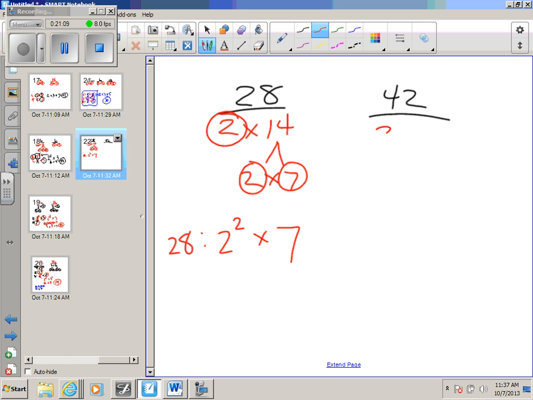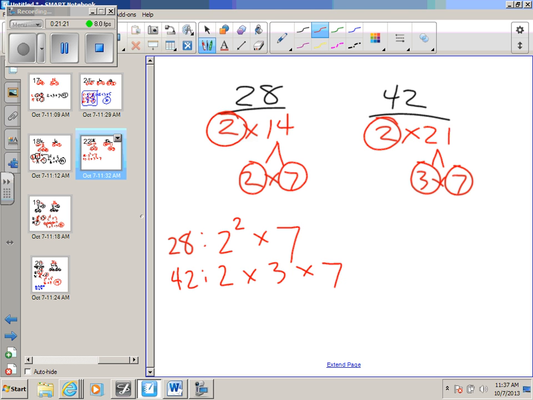42. I can go 2 times 21 if I want, unless I want to go 6 times 7. Either way. And then for 42, 2 times 3 times 7. Between a 2 squared and a regular 2, which one am I picking, Alexis? And let's get rid of that regular 2. There's the only 3 that I have.